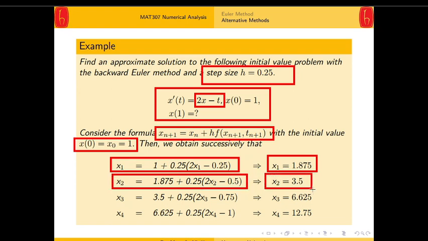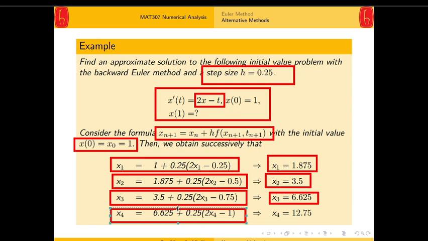Again, if we choose n is equal to 2, then x3 will be equal to x2 plus h times f of x3 comma t3. So it will be found by this formulation, and x3 will be approximated by this quantity. Then x4 will be found by using this formula again with n is equal to 3 and x3 equal to this quantity. If we substitute all these values here, x4 can be found like this number.